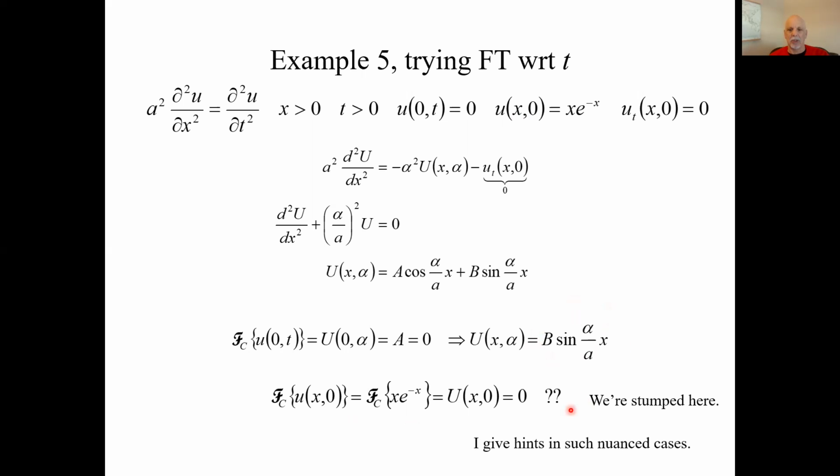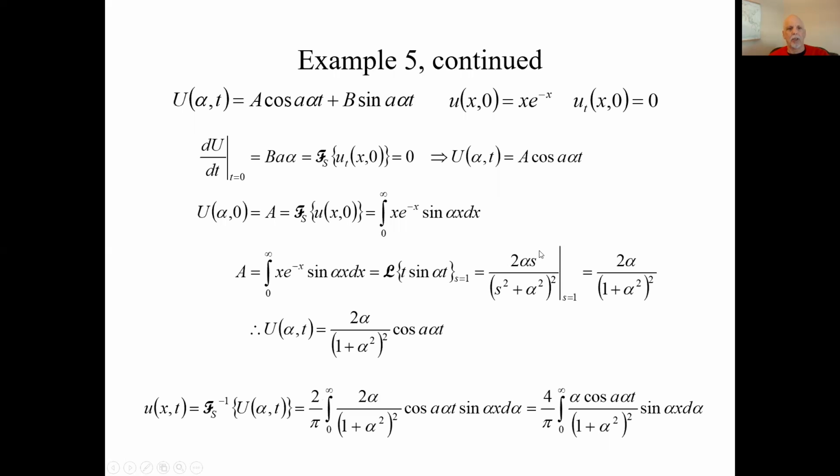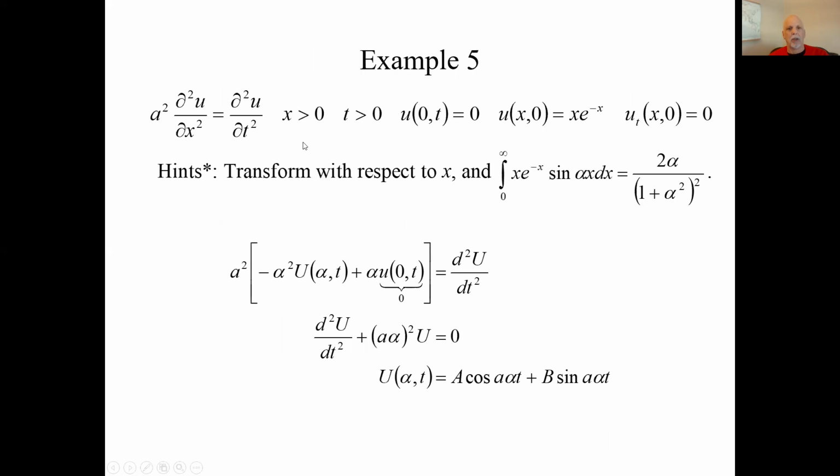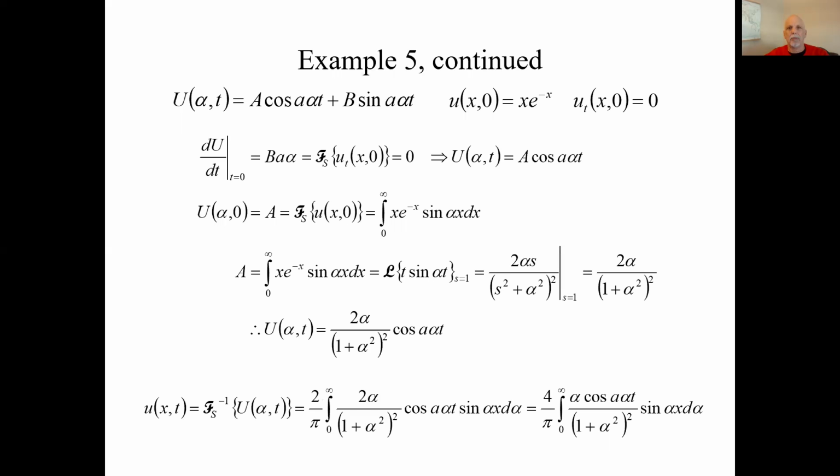We're just kind of stumped here. Maybe there's another way to go through this, but I'm not sure you can get through it. But we could go through it when we took it with respect to x. We didn't run into any roadblocks. Sometimes it might take some trial and error. That's kind of why I threw this example in there.